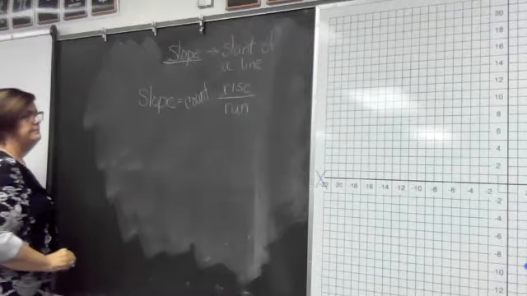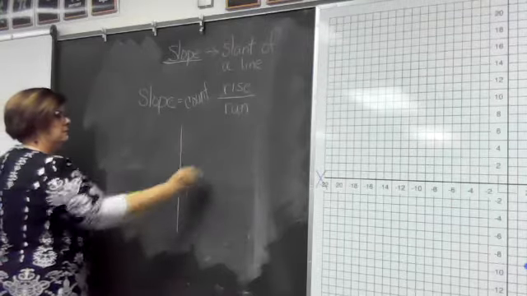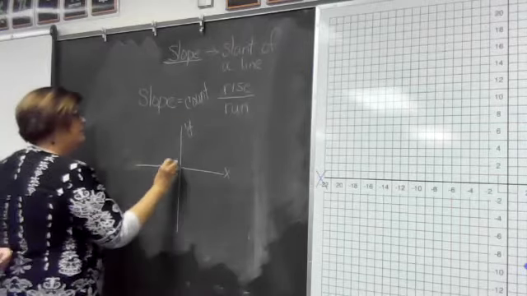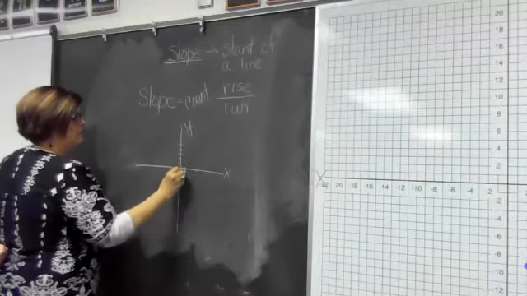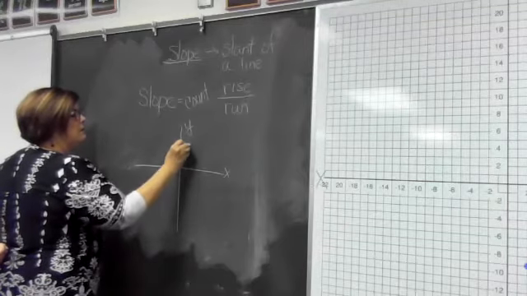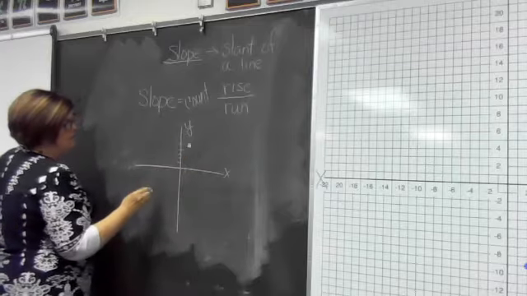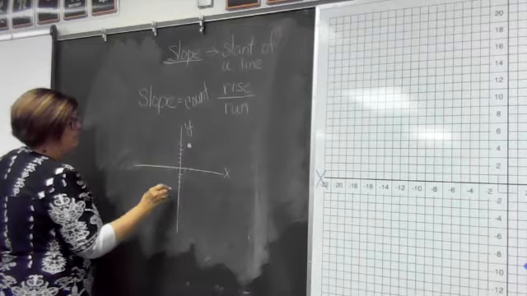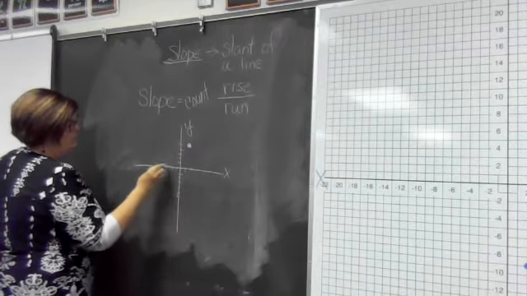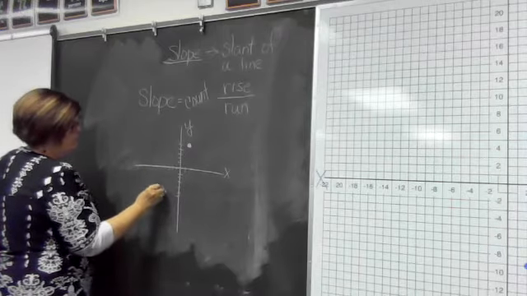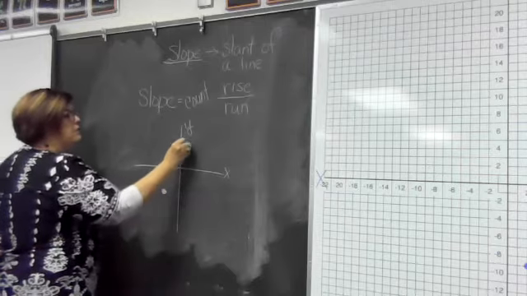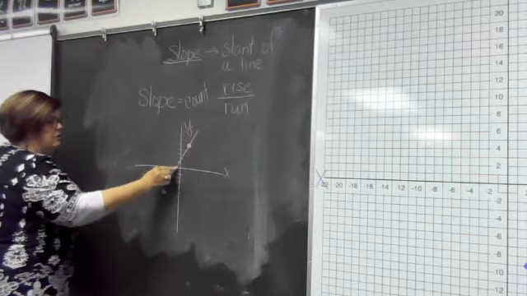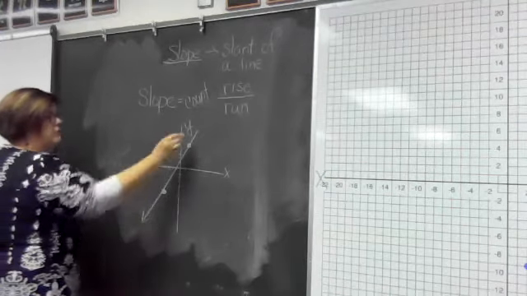Here's an example. Okay, here are 2 points. And now, we're talking about lines now. So the line will go through the point and continue on forever and ever.